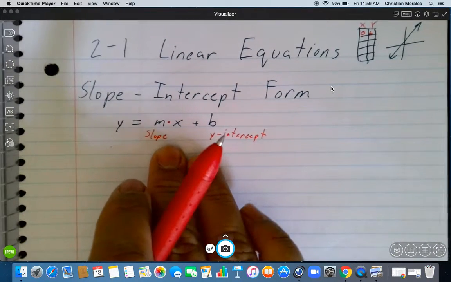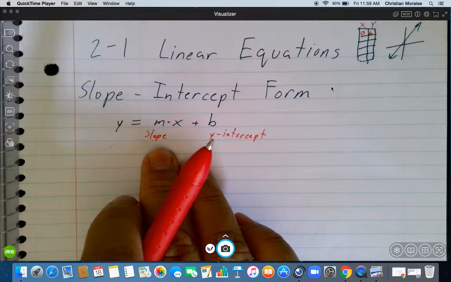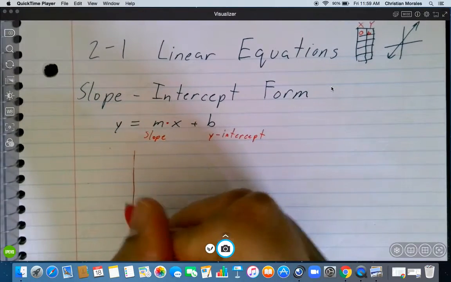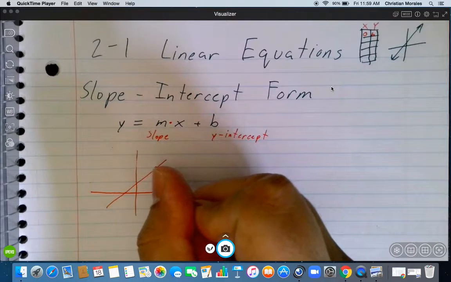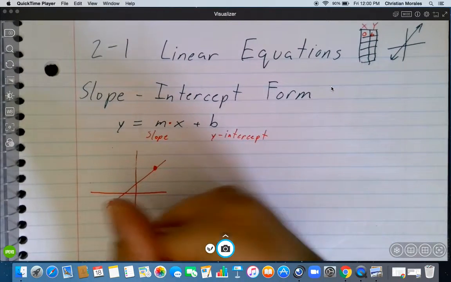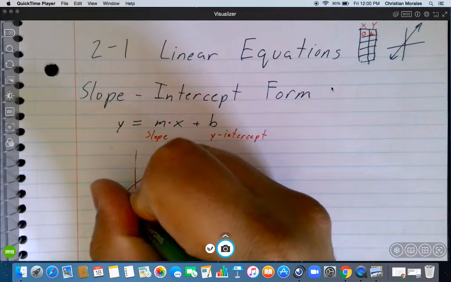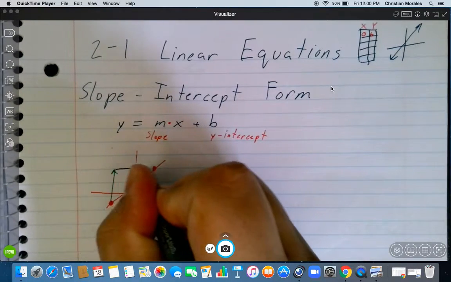Now slope is important because the slope has its own formula. A slope is basically when you're comparing 2 points. So if there's a line, right, you're going to need 2 points on that line. And what we're comparing is, hey, how much does that line increase vertically and how much does it move horizontally?